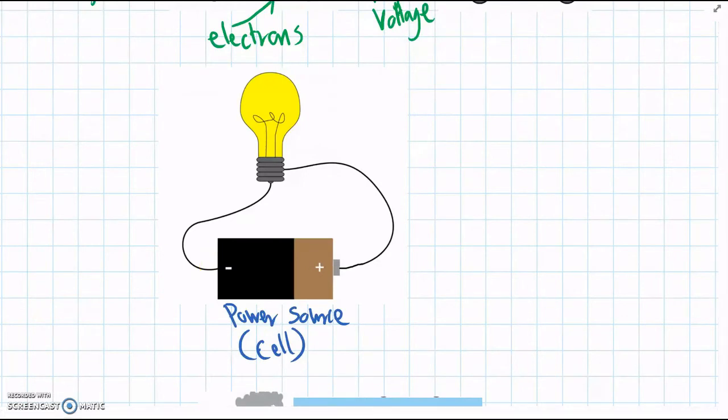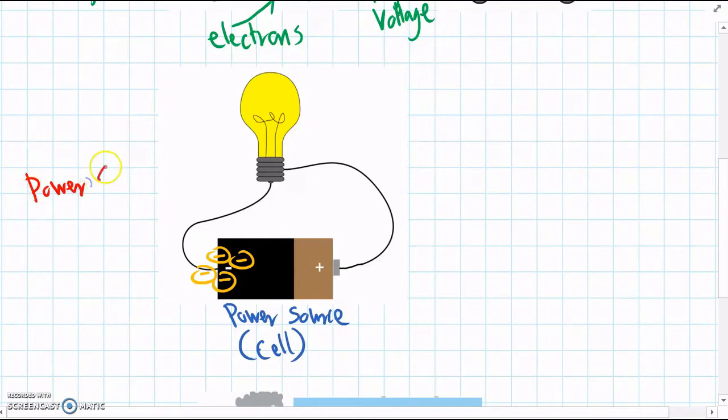And remember that cells are producing lots of electrons at the negative end. And while they're producing electrons, they're also giving them energy. So overall, we can say that the power source gives electrons energy.